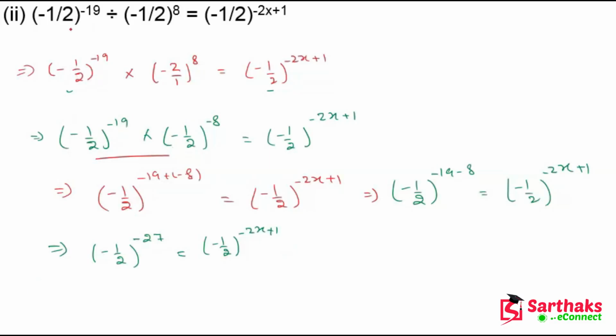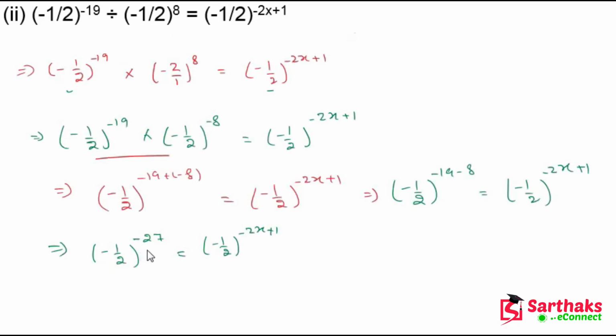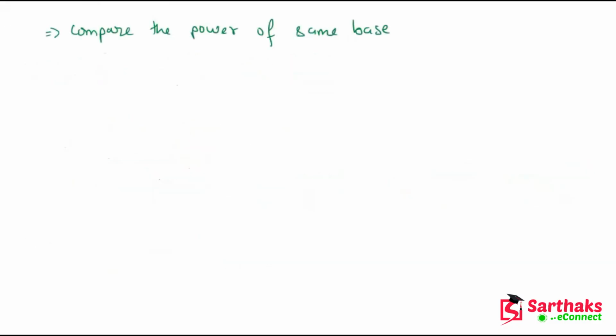So we compare the power of the same base. If we compare this, we get minus 27 is equal to minus 2x plus 1.